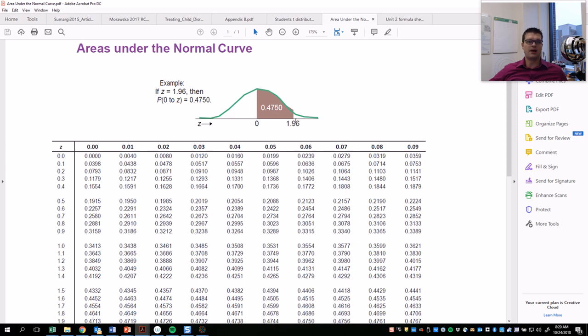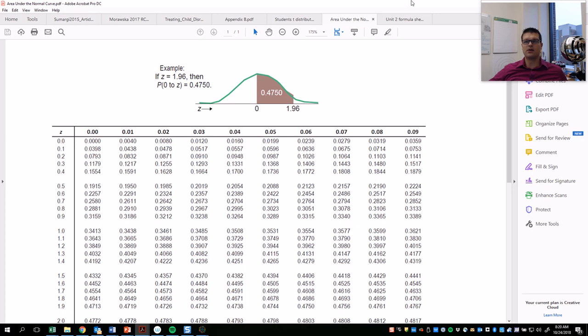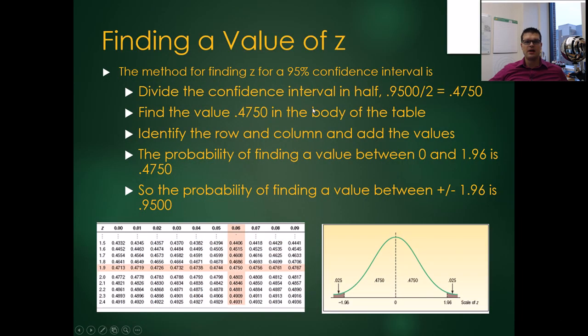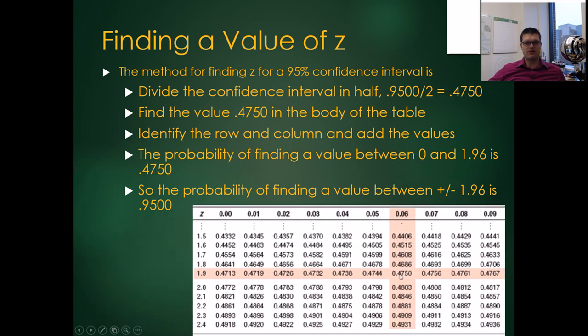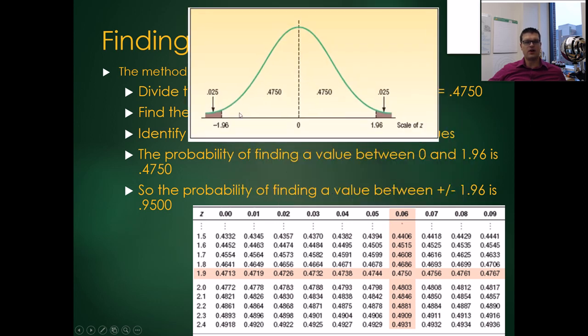Okay, so that's really important because you got 47.50, 1.96. And we want to know what is the probability that the point estimate is accurate, right? We want to know what is the confidence level that we have that it is accurate.